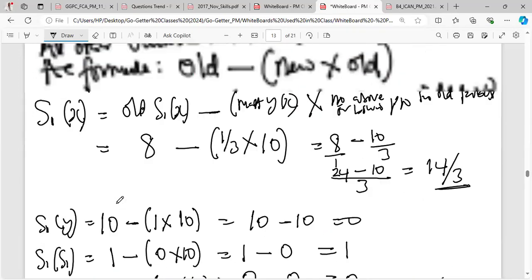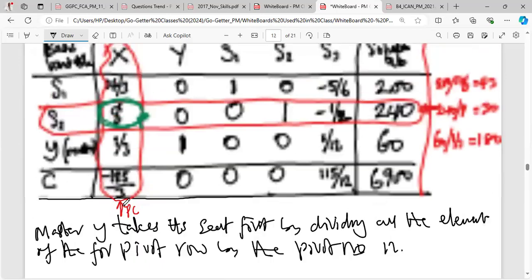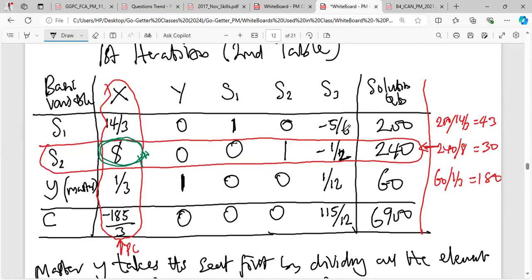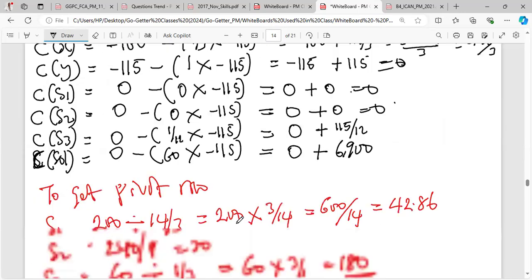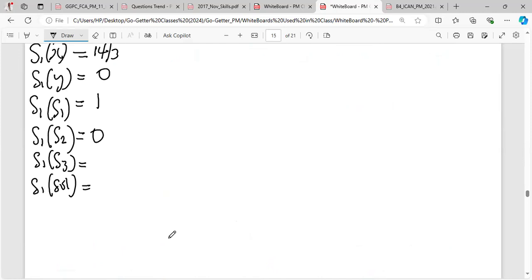Then the next one will be minus 5 over 6 and 200.